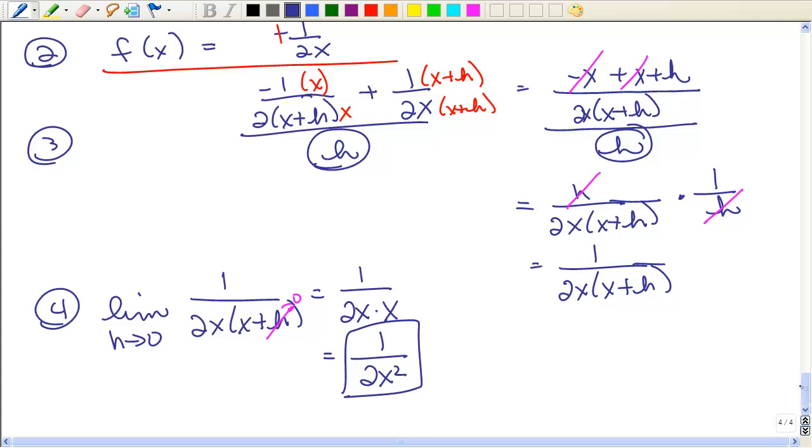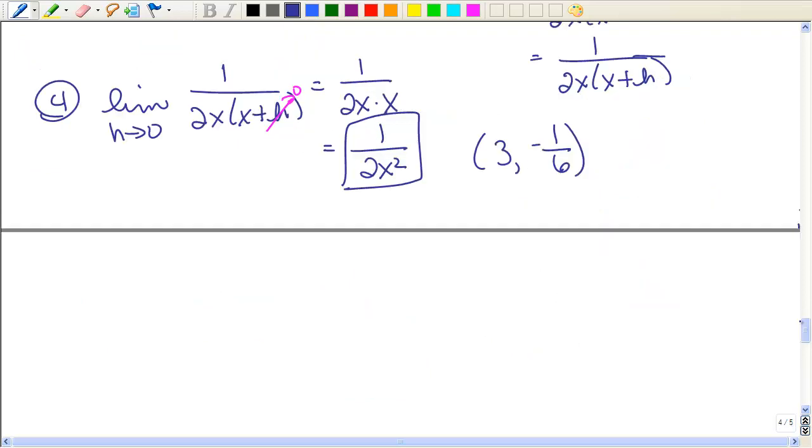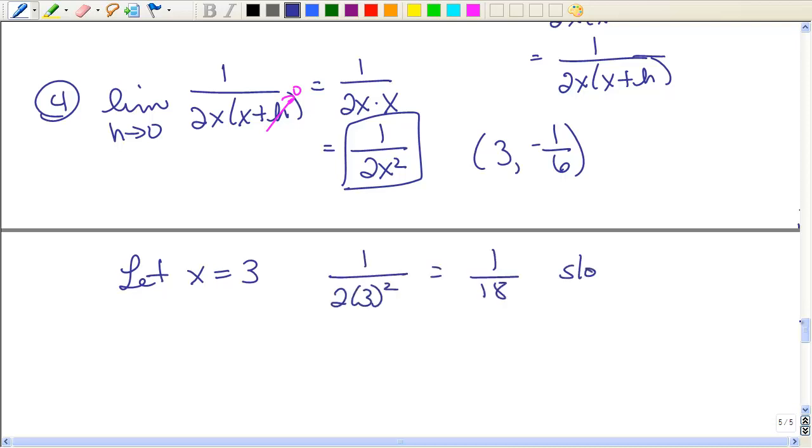But the book wants us to go one step further. We're going to find the equation of the tangent line at this specific point. So I want the slope at a point. So we're going to let x equal 3, and that's my slope at the point here. Now I want the equation of the line.